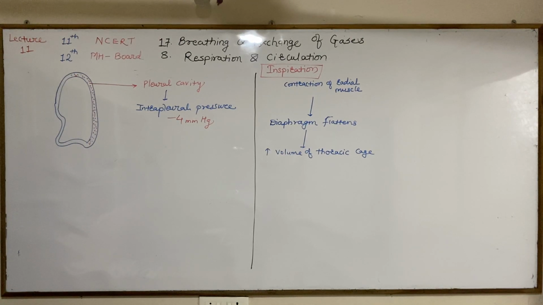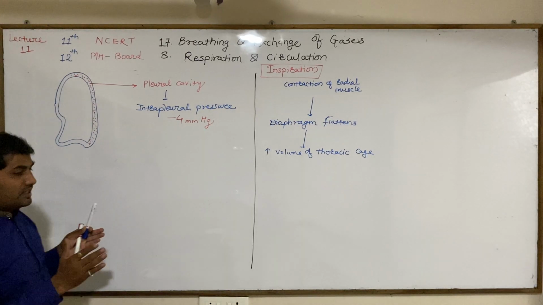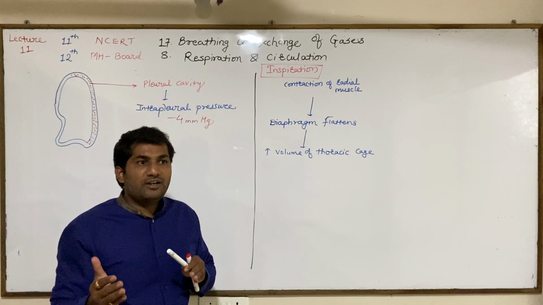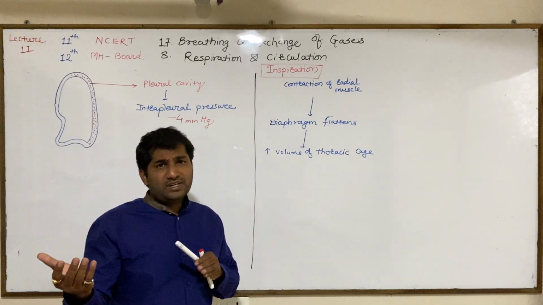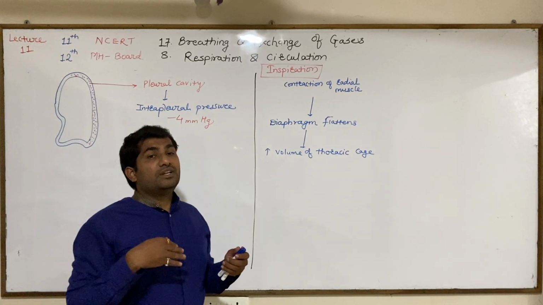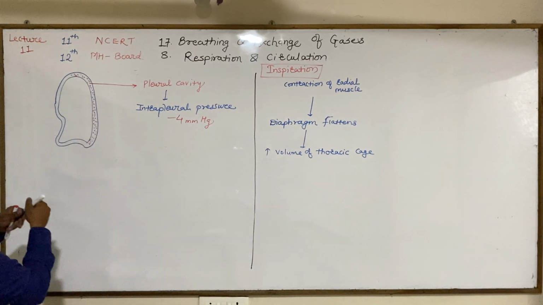The pressure inside the lung is called intrapulmonary pressure, which is normally similar to the atmosphere, 760 mmHg. During inhalation the pressure goes down.